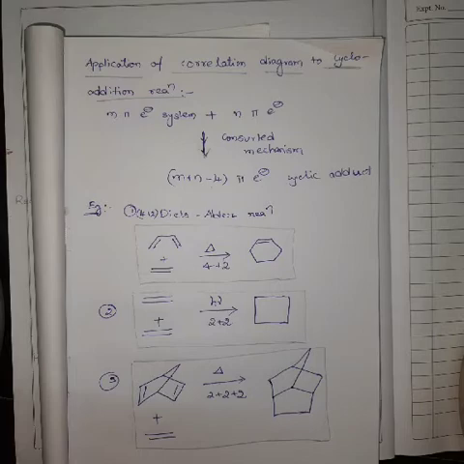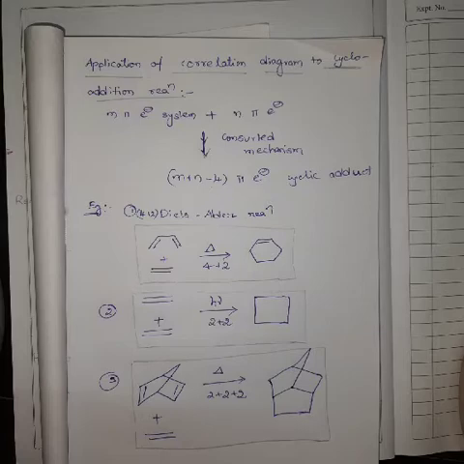Similarly, addition of ethylene molecules to form cyclobutane is another example. So, addition of two pi electron systems to form a cyclic product in a concerted mechanism is called a cycloaddition reaction.